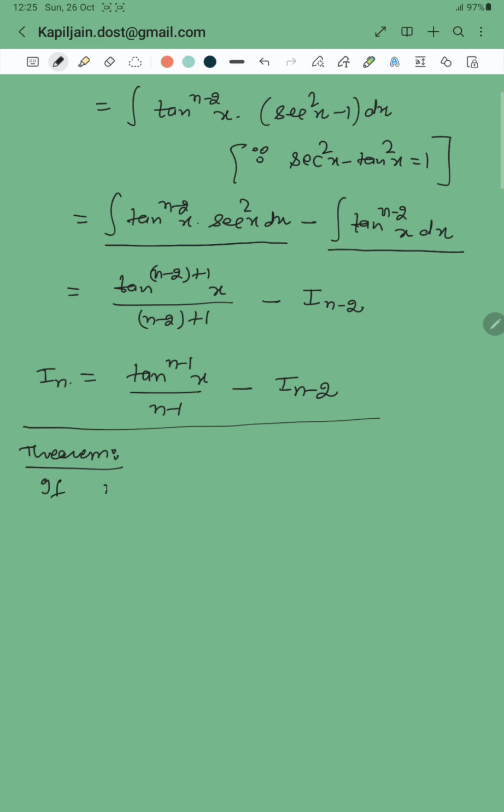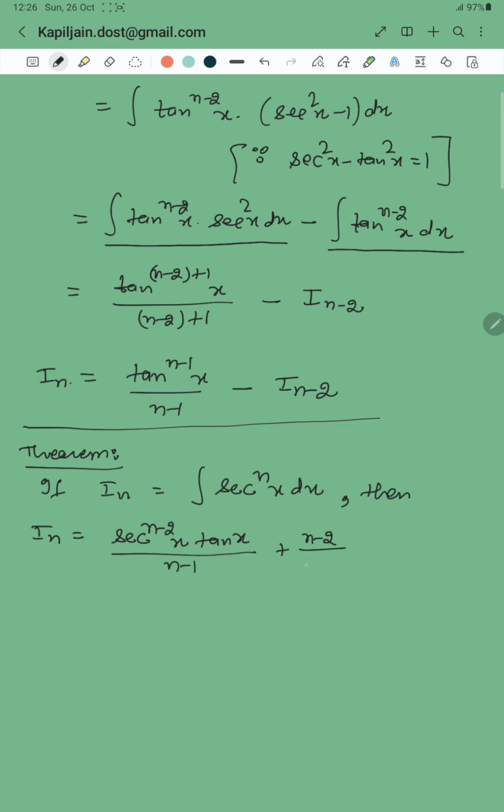If In is equal to integral secant raised to power n x dx, then In is equal to secant raised to power n minus 2 x into tangent x divided by n minus 1 plus n minus 2 divided by n minus 1 In minus 2, where n is not equal to 1.